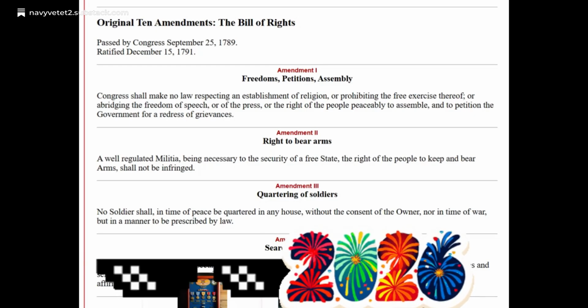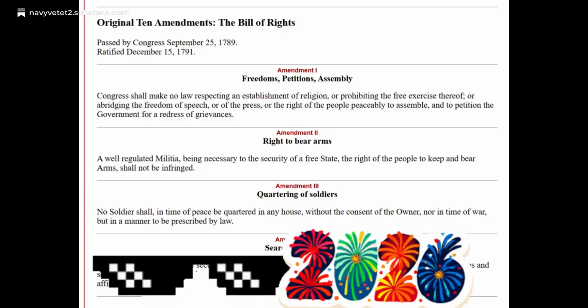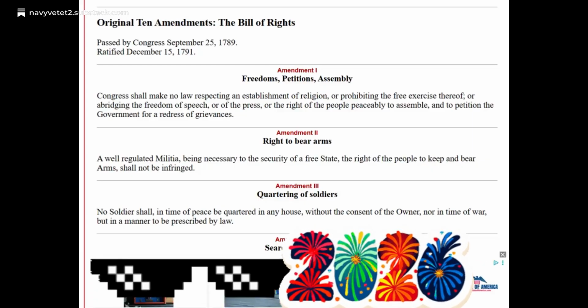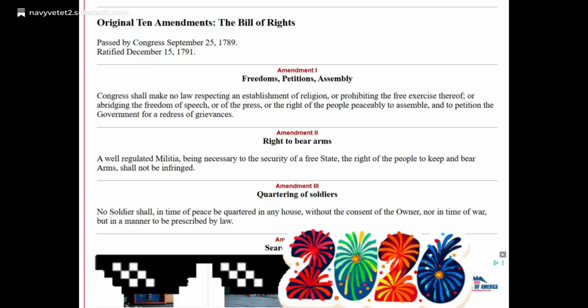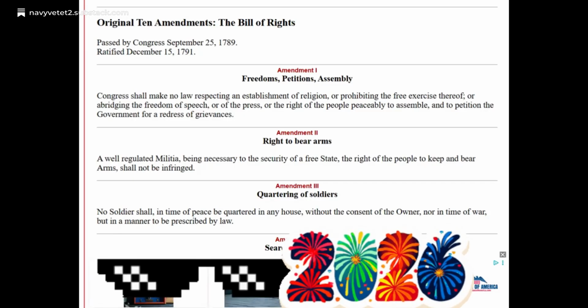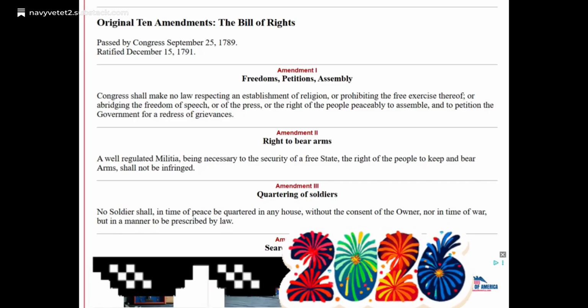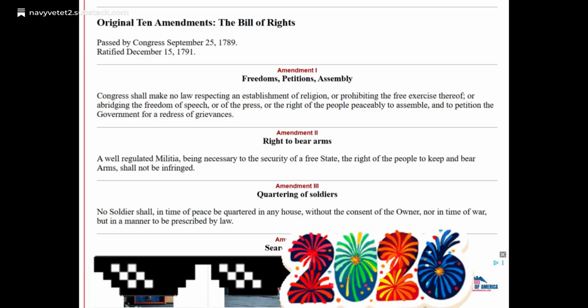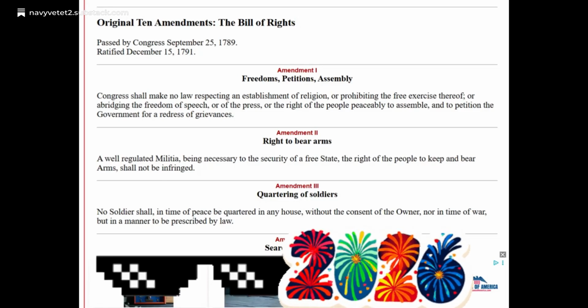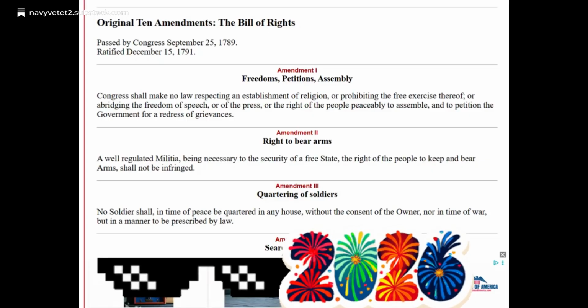It was only in the 20th century, through application of the incorporation doctrine, that the 14th Amendment's guarantee that states must not abridge the privileges or immunities of citizens of the United States, nor deny any person equal protection of the law, began to obligate state governments to guarantee their residents the same freedoms as those articulated in the First Amendment.